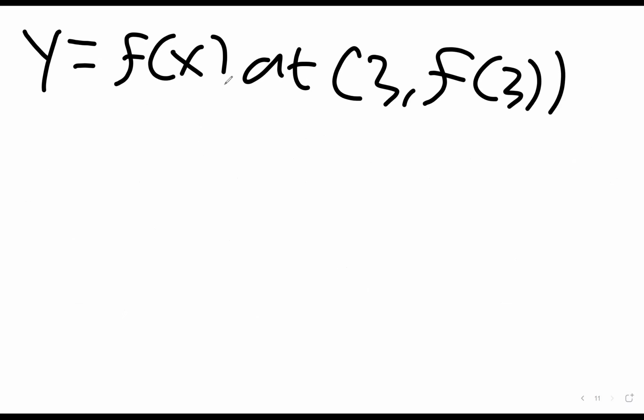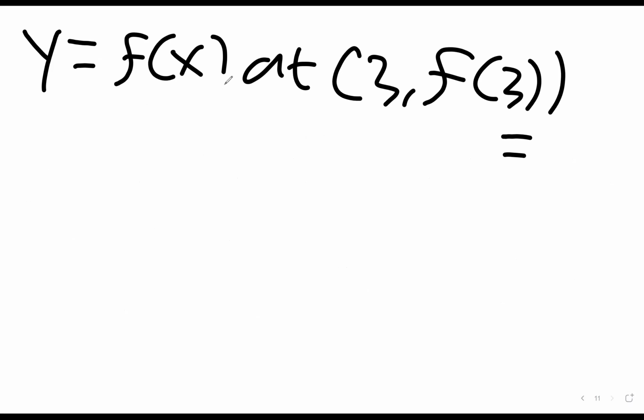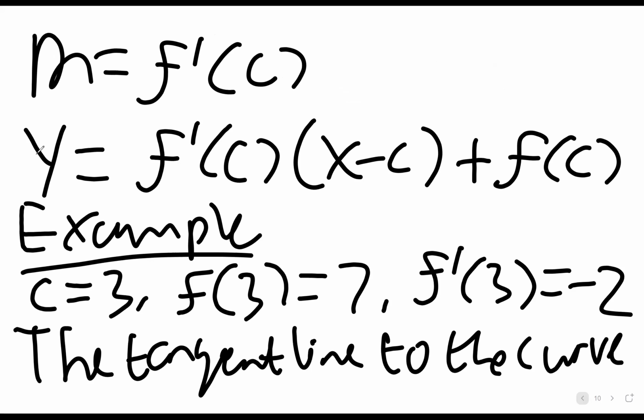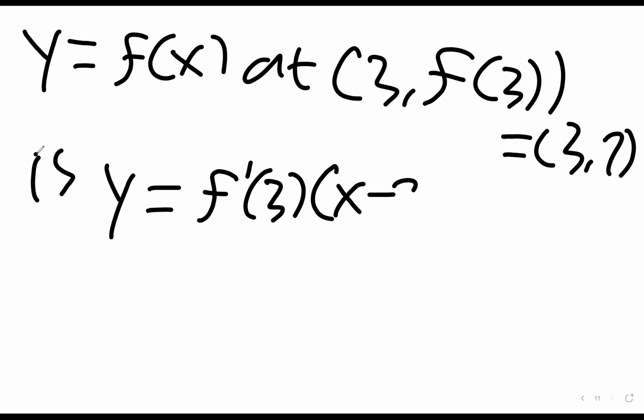So c equals 3, so (3, f(3)), or you just replace f(3) by 7, so (3, 7), is y equals f prime of 3 times (x minus 3) plus f(3). I will write in detail.